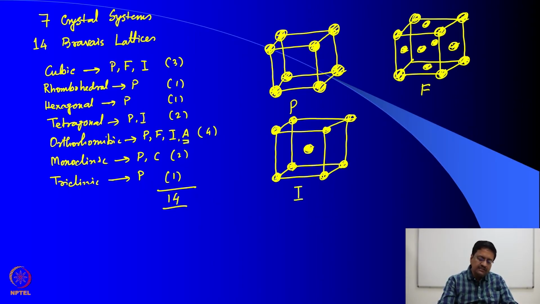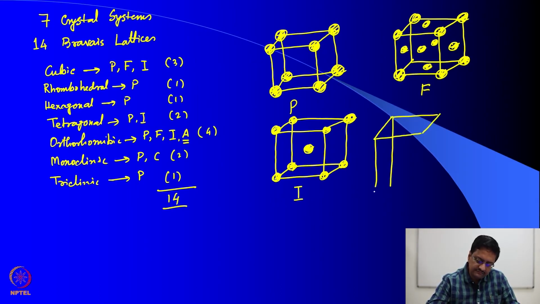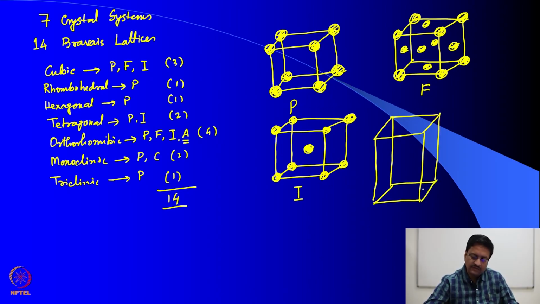In case of orthorhombic, you see there is something called A, which means, if you remember, in case of orthorhombic, a, b, c are not the same. So if we draw an orthorhombic lattice like this, if this direction is x, if this direction is y, and that is z, the plane which is perpendicular to the x-axis is the a direction.